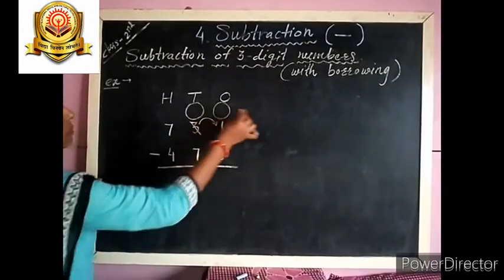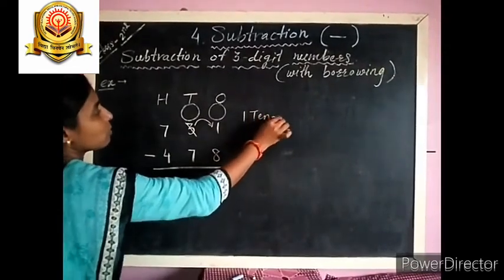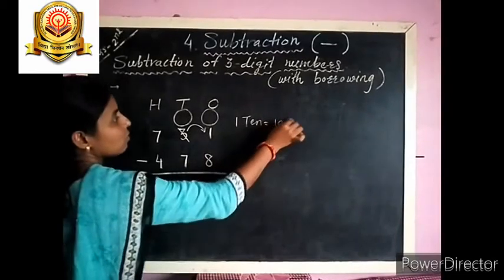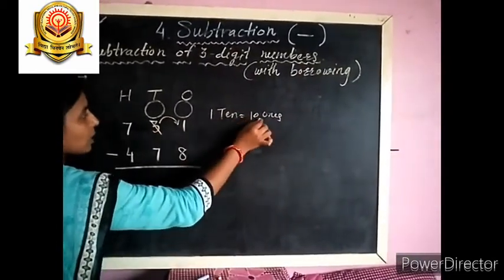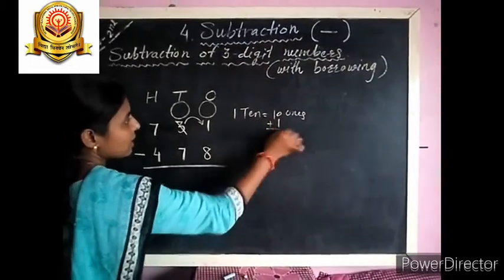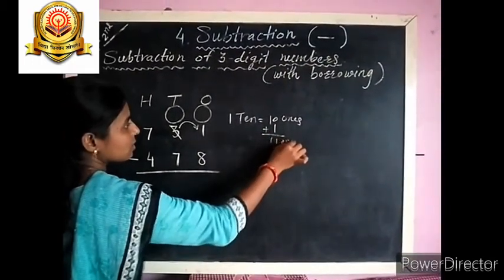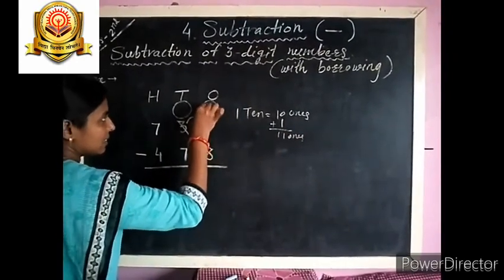Now students, we take 1 ten. And we know that 1 ten means 10 ones. These 10 ones, the borrowed 10 ones, and this 1 means 11 ones. So students, this 11 right here.